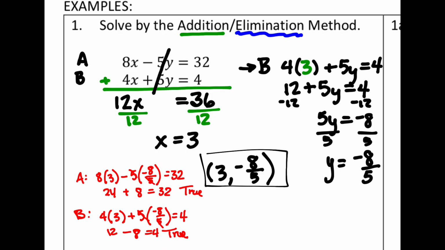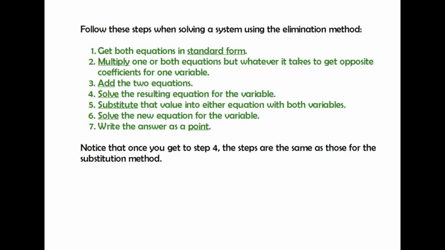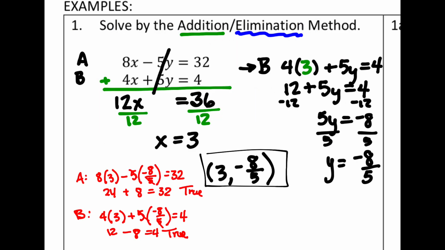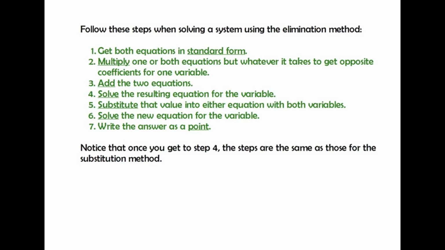But the process, now that you've seen one, let's go back to that first page or the one just before this and show. First thing is get both equations in standard form. The ones that we had were already given to us in standard form, so we didn't need to do that. Multiply one or the other, we didn't need to do that.